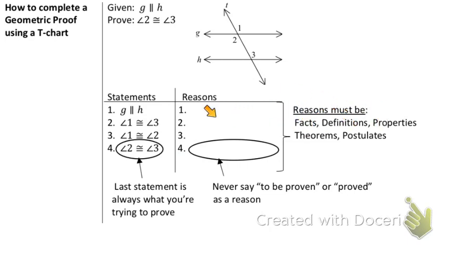For example, one reason that we could put over here, if it works, is something like vertical angles is a property. Sorry, not a property, but a theorem. When we talk about vertical angles or corresponding angles, these are all examples of properties, theorems, postulates.